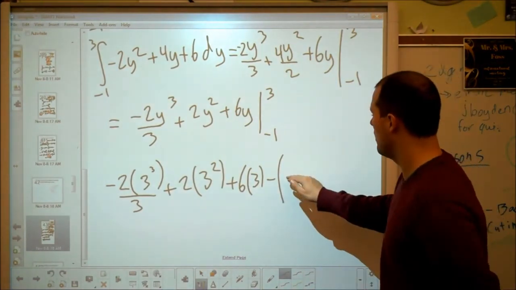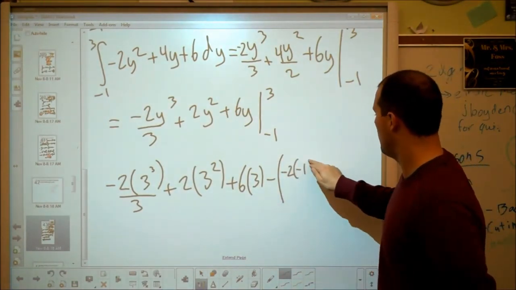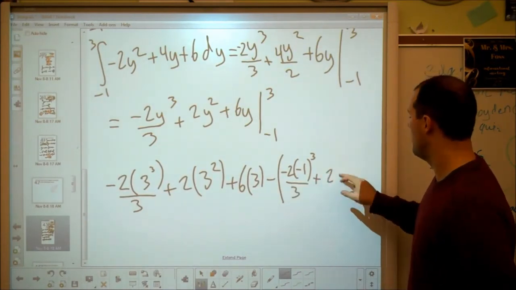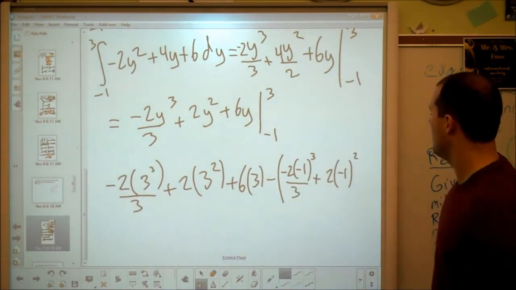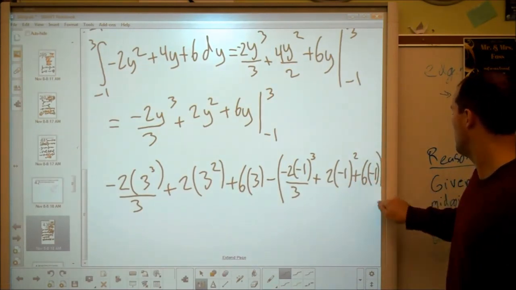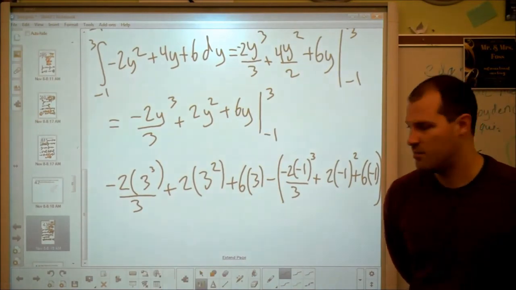So negative 2 times negative 1 cubed over 3 plus 2 times negative 1 squared plus 6 times negative 1. And now we can simplify.